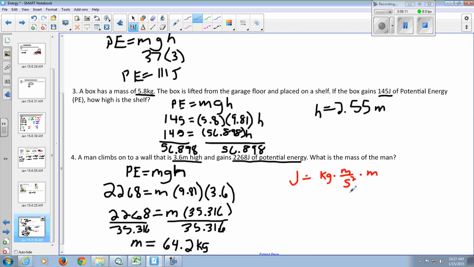That's a joule. So you need to have your units correct. If somebody gives you 5.8 grams instead of kilograms, convert that to kilograms before you start multiplying into joules or calculating your potential energy or kinetic energy.